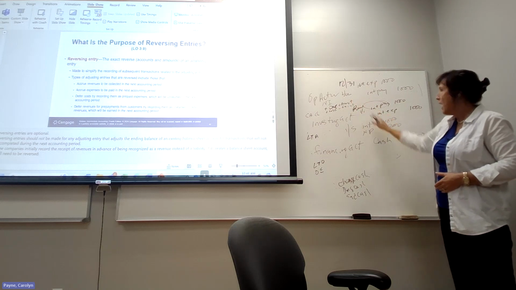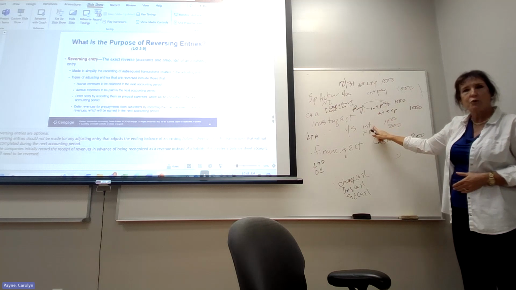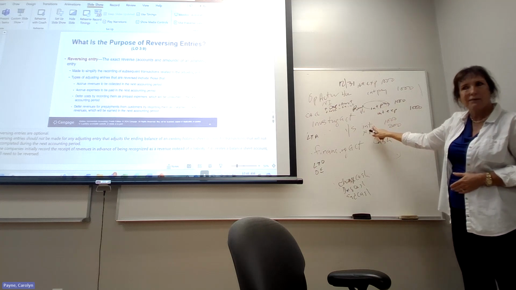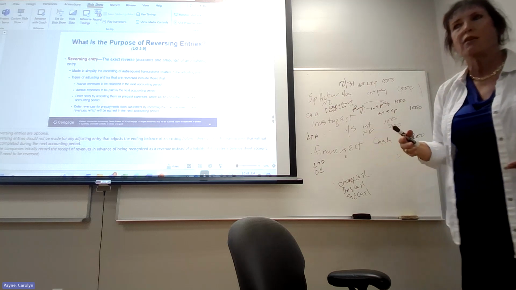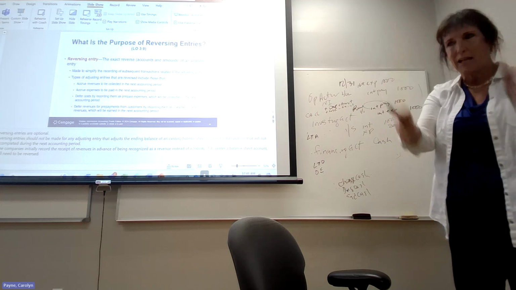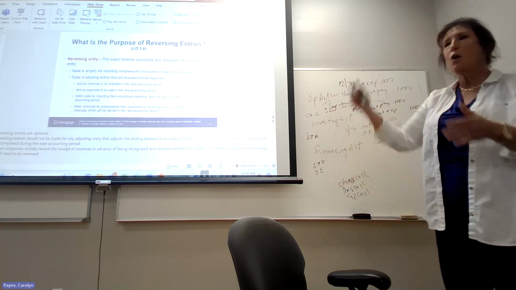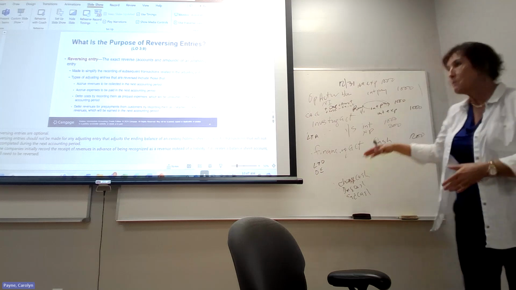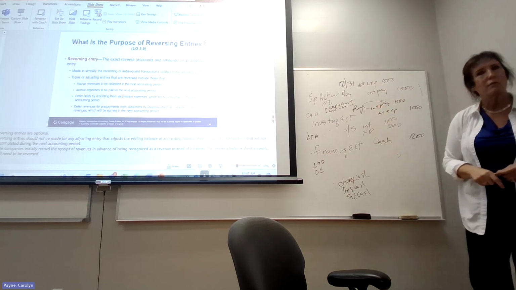Otherwise, if you don't reverse it, you're going to have to remember to debit interest payable here instead of interest expense. Your computer system's not going to know to do that. It is programmed to debit interest expense, debit principal, and credit cash whenever you make a payment. So if you don't want to mess that system up, you reverse that accrual through a reversing entry. Does that make sense?